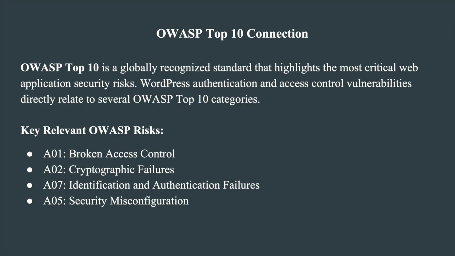OWASP Top 10 connections. These vulnerabilities are closely related to OWASP, which lists the most critical web application security risks. Broken access control is currently ranked as the number one risk in the OWASP Top 10. WordPress authentication issues are also related to identification and authentication failures.